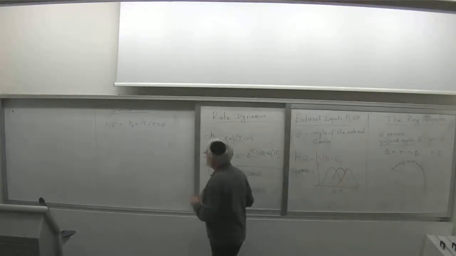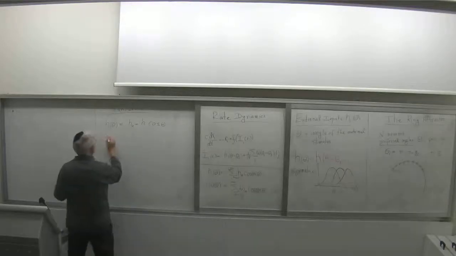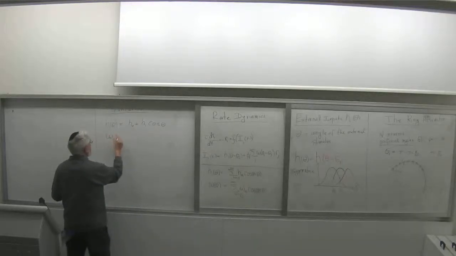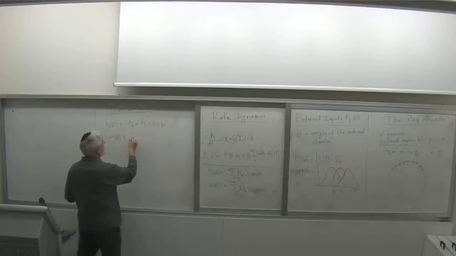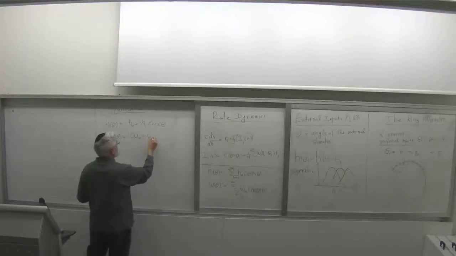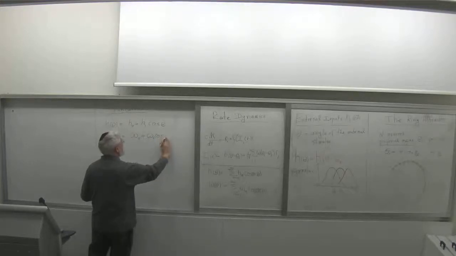Okay? So that's our model for h, and similarly our model for the recurrent interaction profile will be W0 plus W1 times cosine theta. Okay?